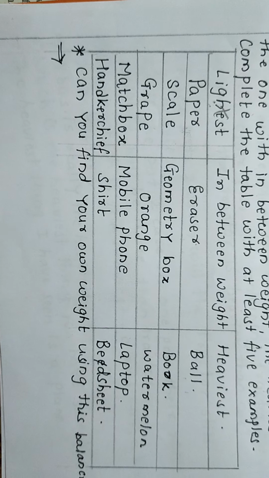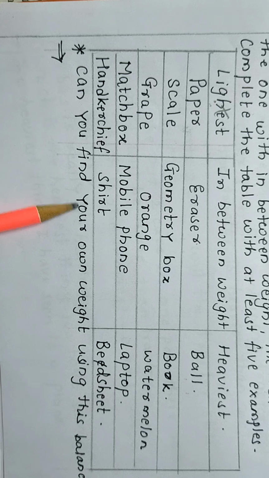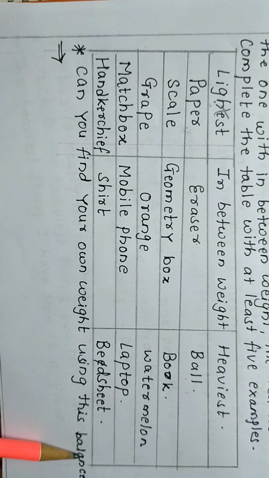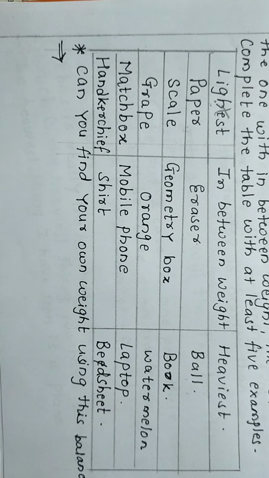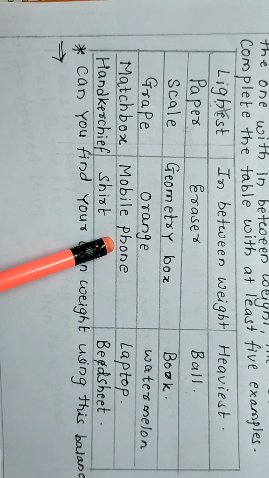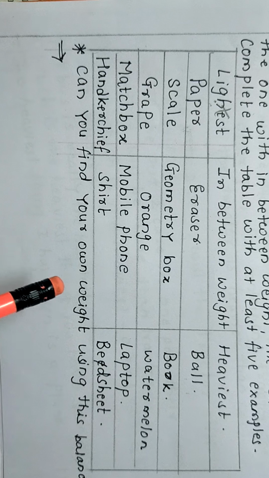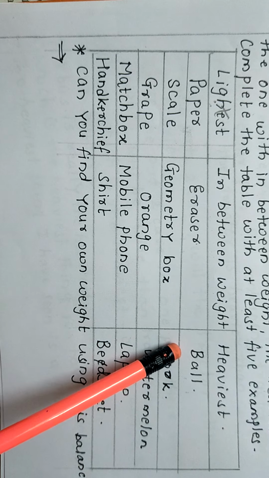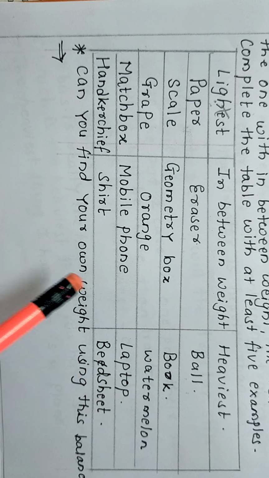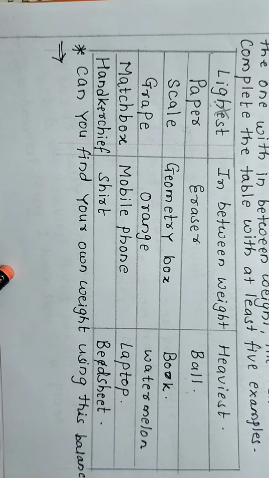Last, downside, one question is given. Can you find your own weight using this balance? ये जो छोटा सा बैलेंस है उसको यूज़ करके, the balance we are using to measure these things. So can you weigh your own weight? No, it is not possible because this is the balance for small things. For measuring us, we want the big balance, right?